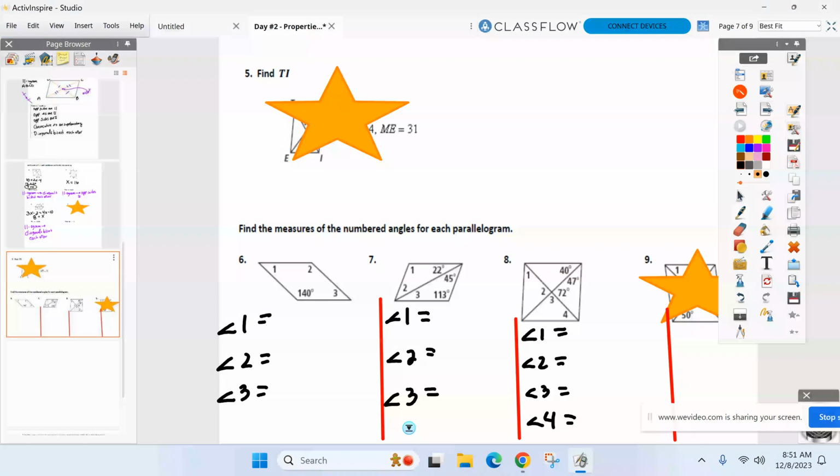72 plus 47 is 118. So 4 plus 1. That's how I got it. I only got this one.